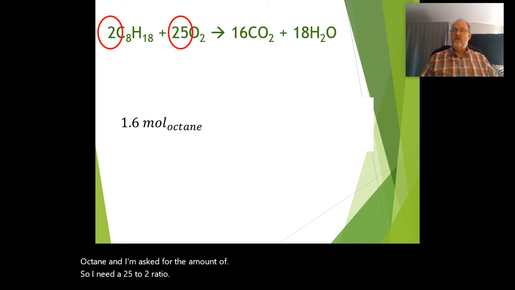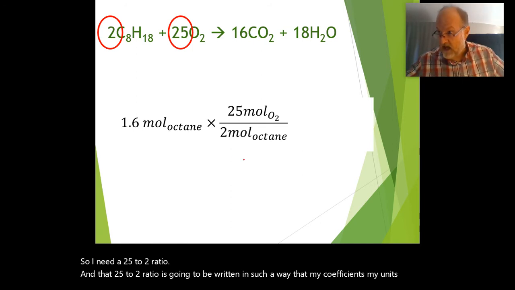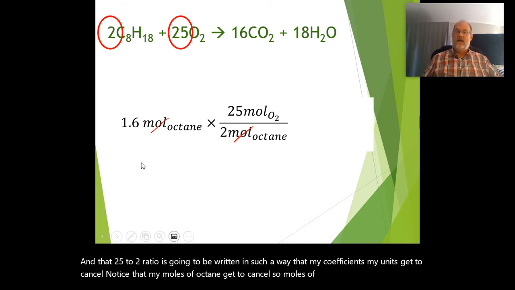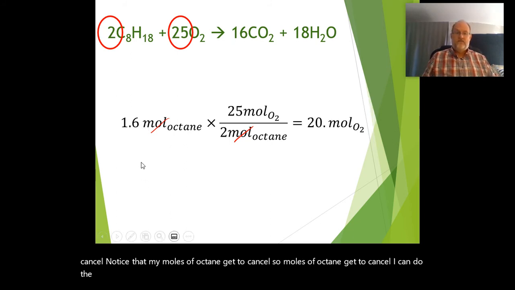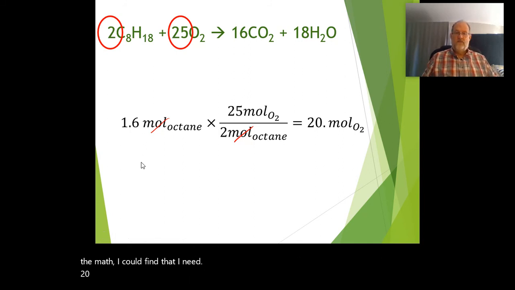And that 25-to-2 ratio is going to be written in such a way that my units get to cancel. Notice that my moles of octane get to cancel. So I can do the math, and I can find that I need 20 moles of oxygen, to 2 sig figs, in order to completely react with 1.6 moles of octane.